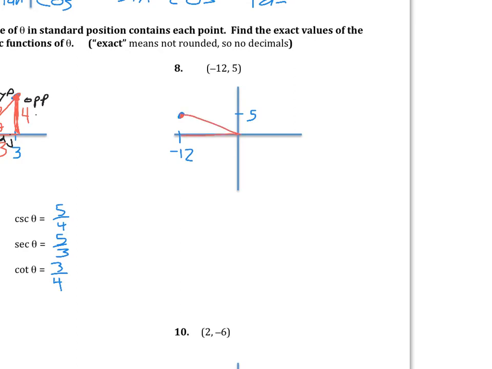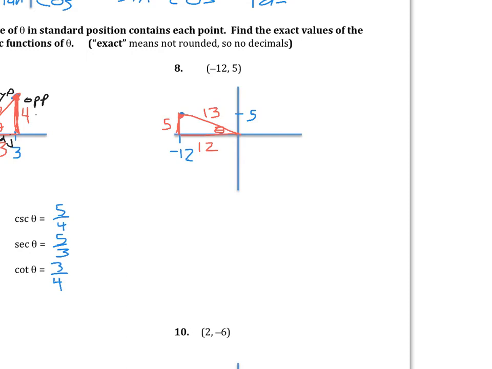Use the x-axis and close the triangle. Theta goes here. Alright, so this length is 12. This length is 5. Using the Pythagorean theorem, or Pythagorean triples, we know it's a 5, 12, 13 triangle.